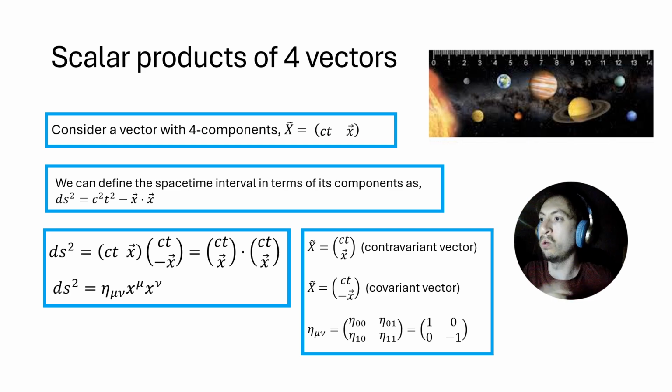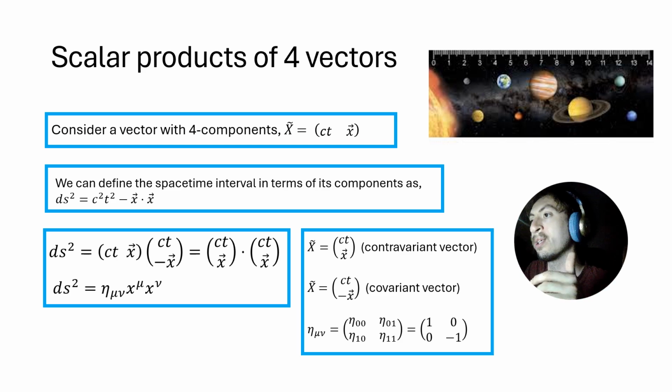Now, if you're not familiar with tensor algebra, it's worth saying more explicitly, you just sum over all possible values of mu and nu, which range over your axes in space-time. So, for example, here ds squared would be eta 00 x0 x0 plus eta 11 x1 x1 plus eta 01 x0 x1 plus eta 10 x1 x0.